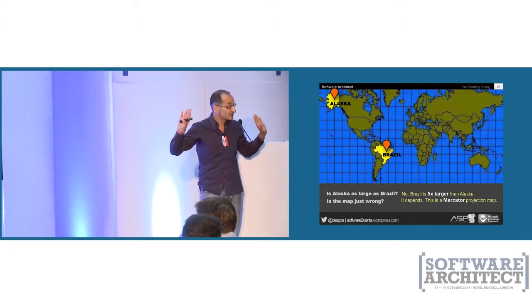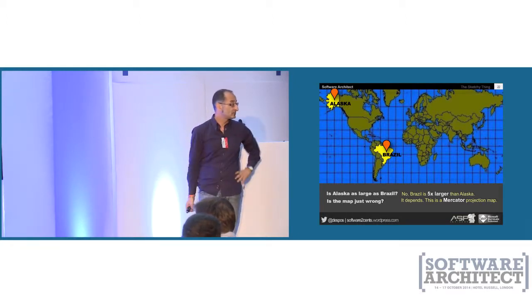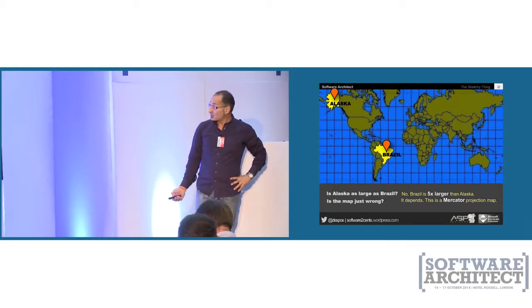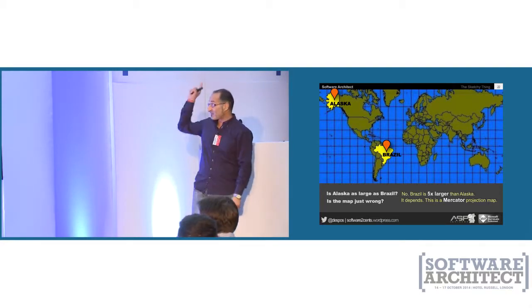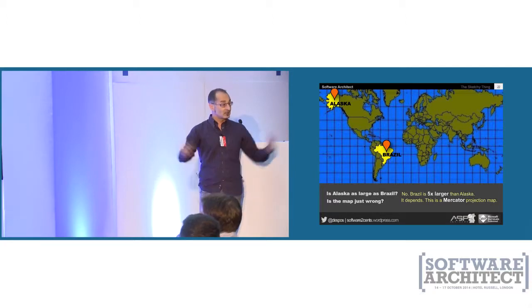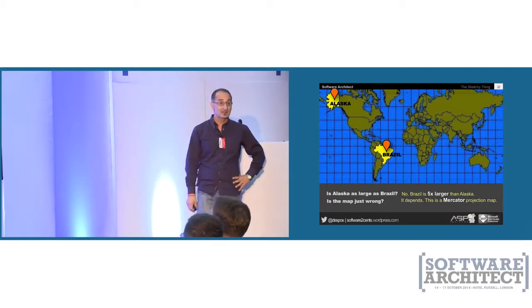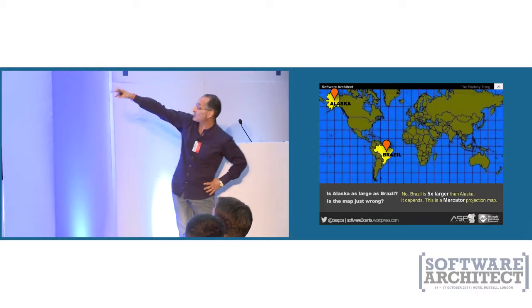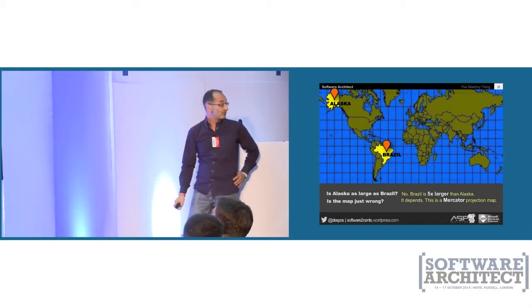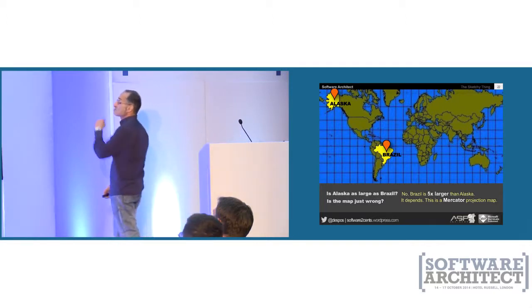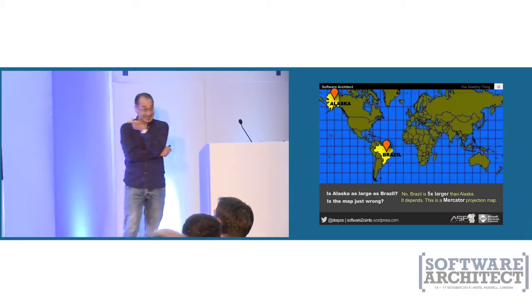Looking at the map, sort of. Would you believe that instead the real size of Brazil is 5 times the extension of Alaska? Okay, you may say Brazil is larger than Alaska, but it's certainly not 5 times larger. So the map is wrong.